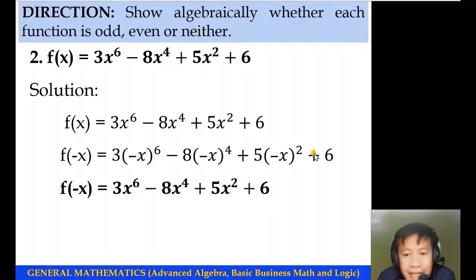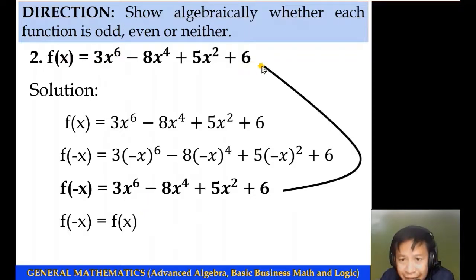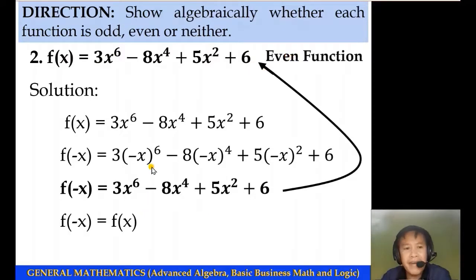The result is the same. We can say that f of negative x is equal to f of x. It means that there is no change with respect to the terms of the function. So observe, this is an even function.